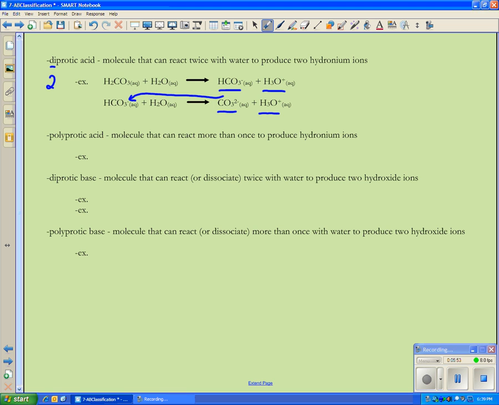So the two H's at the beginning of the formula are the big clue that this is a diprotic acid. A polyprotic acid is a molecule that can react more than once to produce hydroniums. Typically that means 3 or more. So poly is referring to many, and again protic means proton. So a typical example is phosphoric acid, H3PO4.